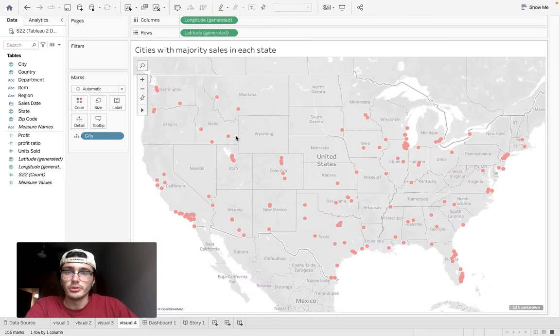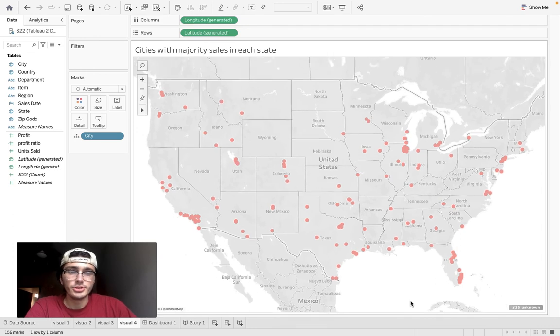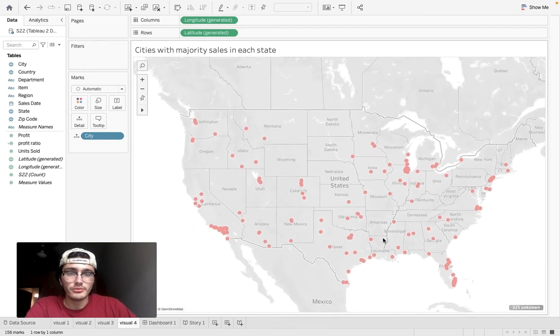Number 4 is going to be each individual city in which these products are selling. If you zoom out a little bit, you'll look around and you can see we're having a lot of sales in Florida and then California. Some just jumping around over here. They're a little bit everywhere, but we're having a lot of sales in California and Florida, which if you look at the cities, it makes sense.